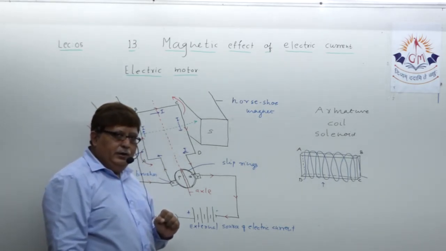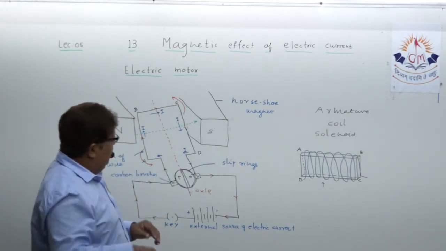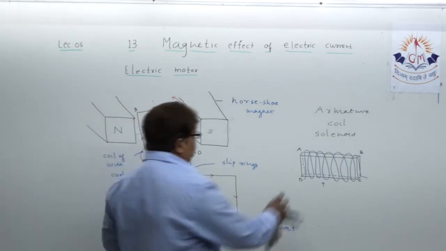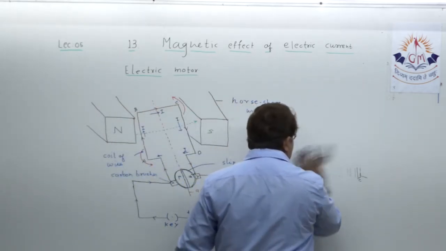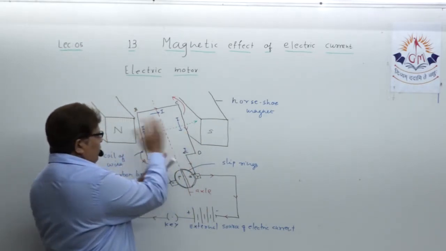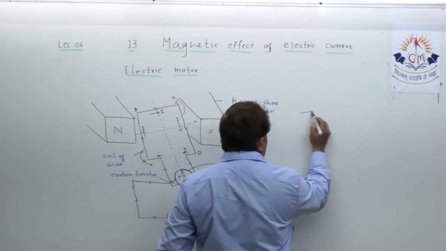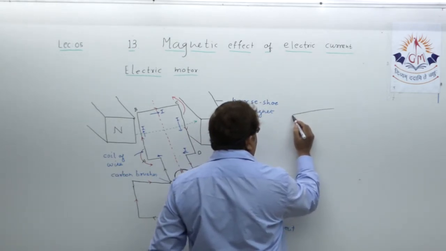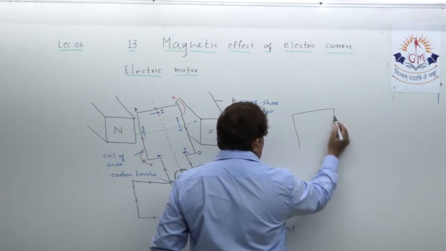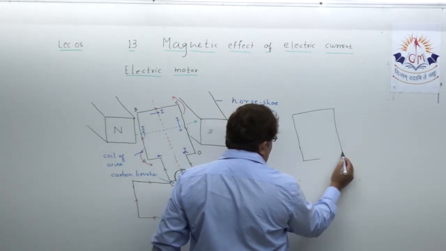Okay, dear student, the rotation of the coil completely changes this. I am just showing it here. Just try to understand what happens. The coil has gone through half rotation, so the new position of the coil is looking this way. New position of the coil. Okay, what is it?